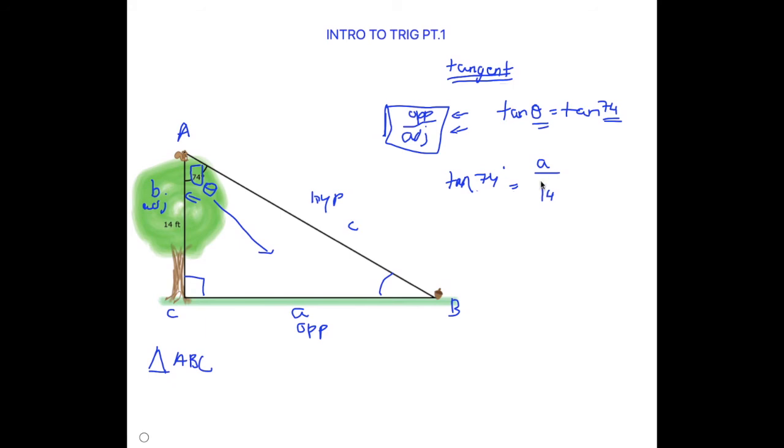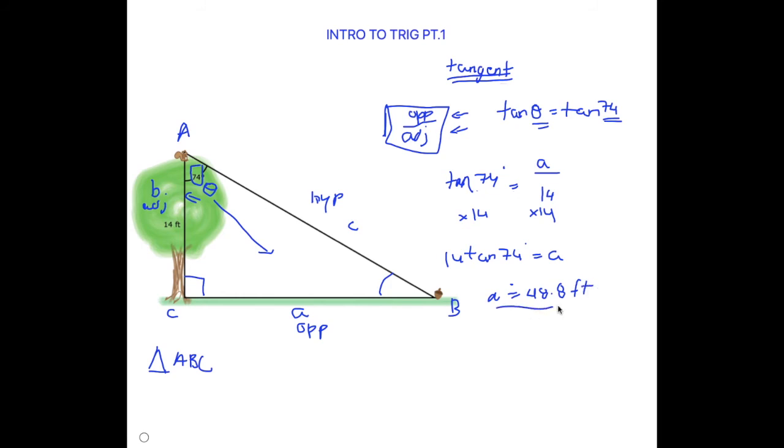Now we want to solve for A, so we have to move the 14 to the other side. So what we can do is multiply both sides by 14 to isolate for A, and you would get 14 tan 74 degrees, which is equal to A. So if we plug exactly that into the calculator, 14 tan 74, we will get approximately, so when we write approximately, we put a dot over the equal sign to represent approximation, 48.8 feet.